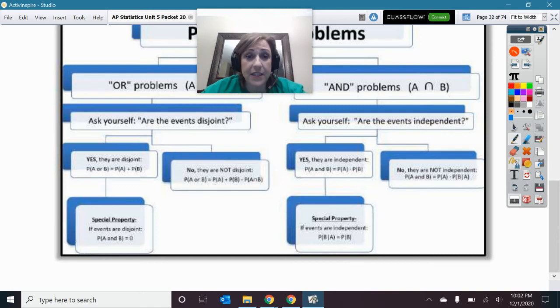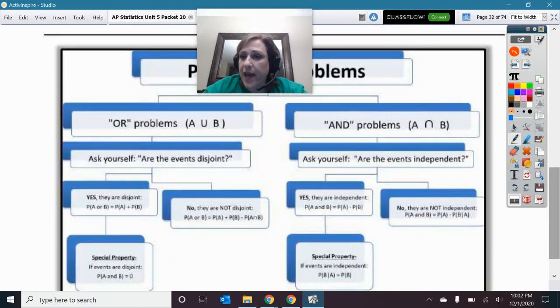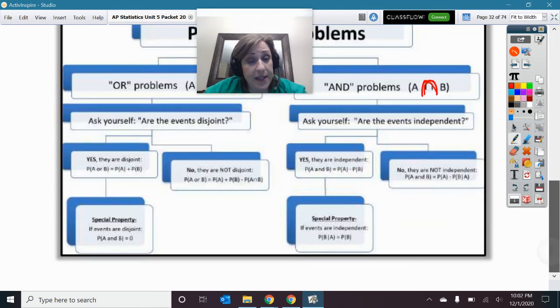Okay. Now, let's do the ands. If we have this and, that's the intersection. To do that, ask yourself, are these independent, or if it's conditional, is something changing? If they are independent events, then easy peasy, the probability of A and B happening is just multiplying them. But if they are conditional, then there's something more involved.